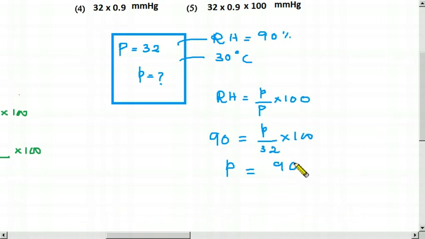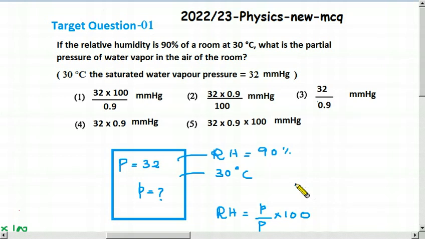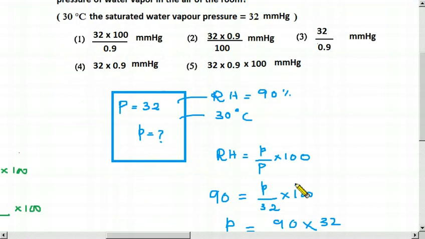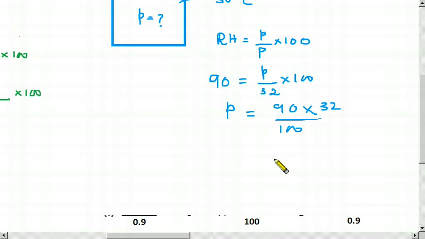90 times 32 divided by 100. 90 times 32 divided by 100. No such an answer, so let us simplify this a little bit.